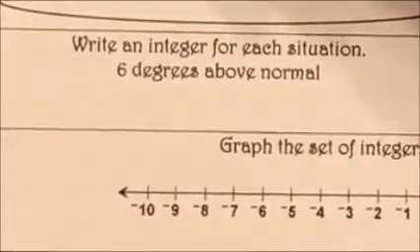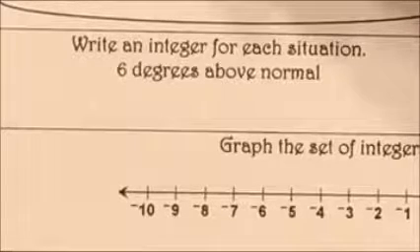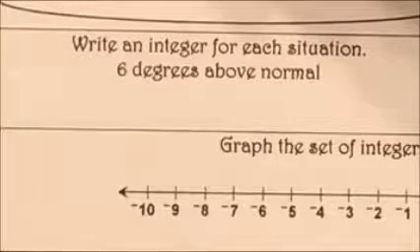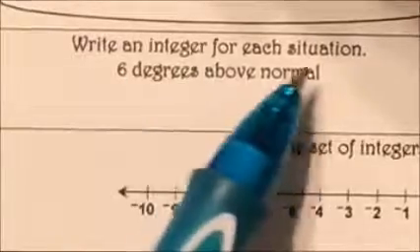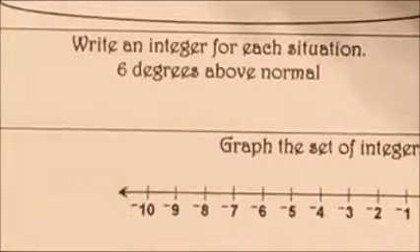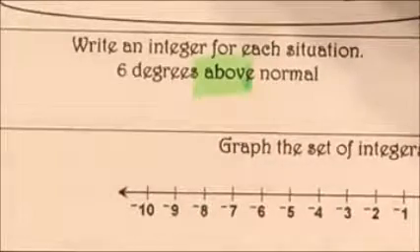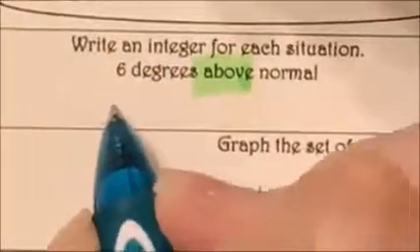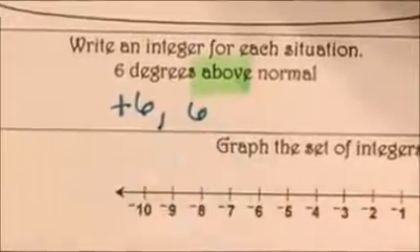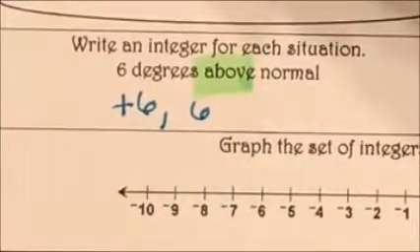All right, so now that you've tried the try it problems on your own, let's go over the answers together. The first try it problem says write an integer for each situation, 6 degrees above normal. Okay, so I'm looking at the word above. Above tells me it's going to be positive, so I can either write plus 6 or just 6. Either would be correct. Okay.